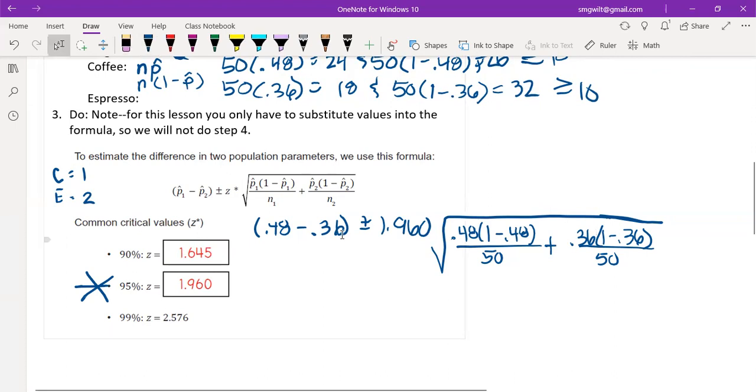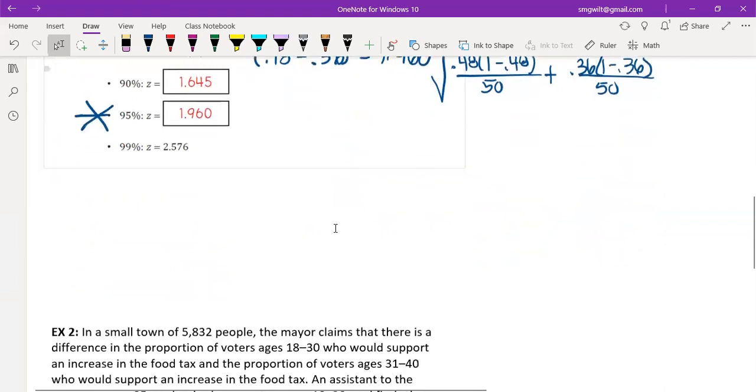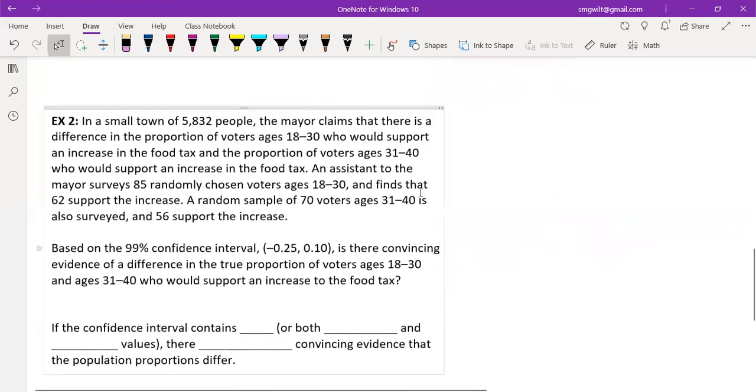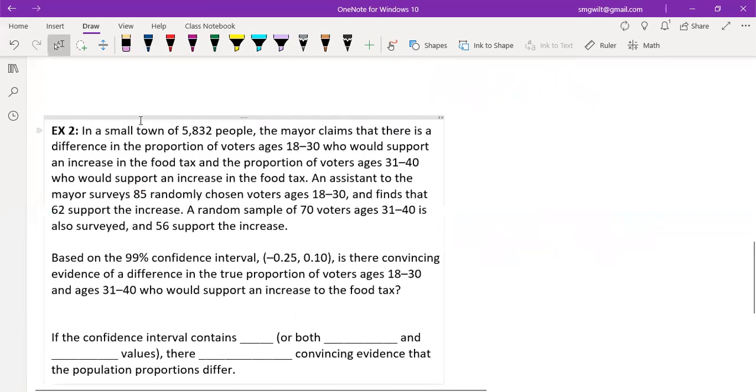The last thing that we'll discuss on here is confidence intervals and evaluating an argument. In this example, we have a small town of 5,832 people. The mayor claims that there's a difference in the proportion of voters ages 18 to 30 who would support an increase in food tax and the proportion of voters ages 31 to 40 who would support an increase in the food tax.